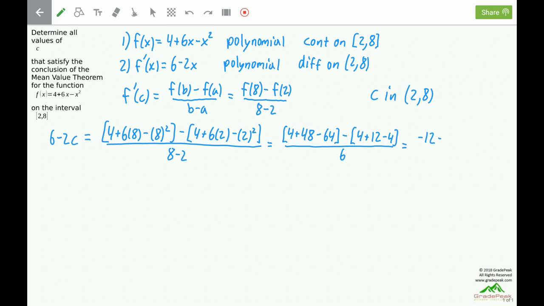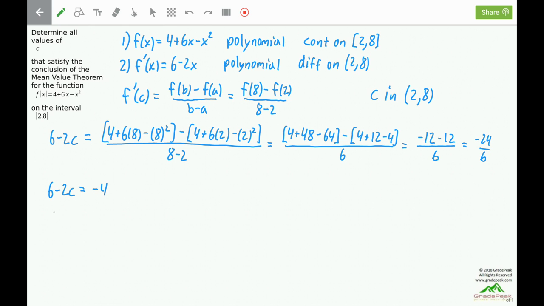And then minus 4 plus 12, 16 minus 4 is a 12. All over 6. Negative 12 minus 12 is negative 24 divided by 6. So 6 minus 2c will equal negative 24 divided by 6, which is a negative 4.